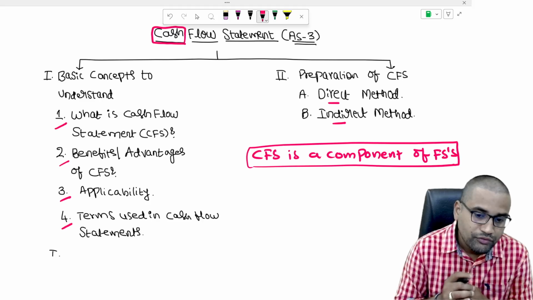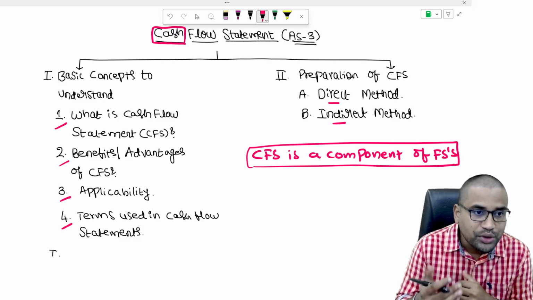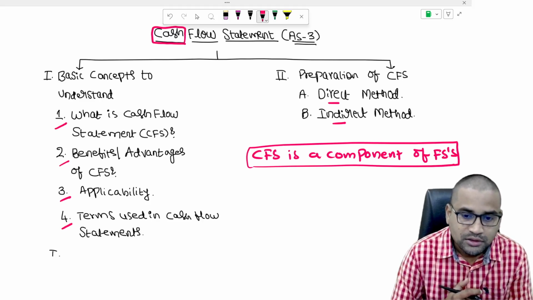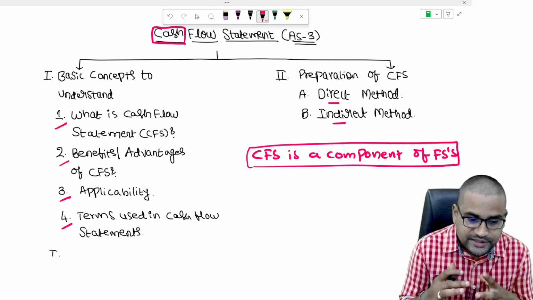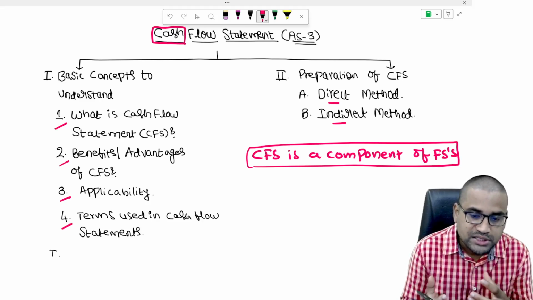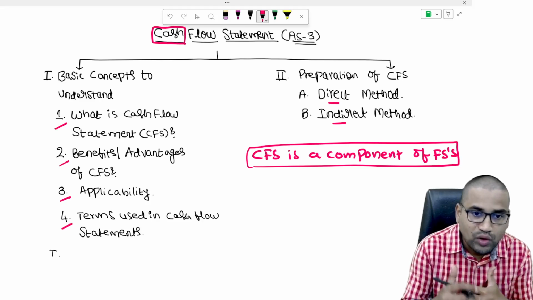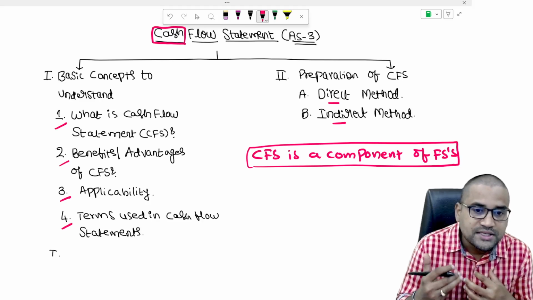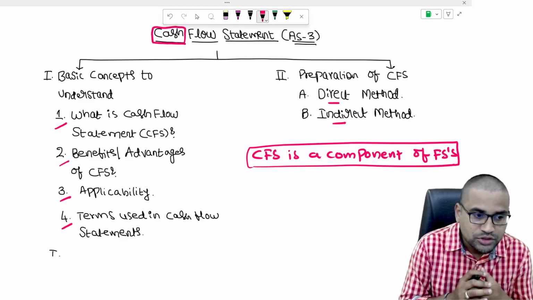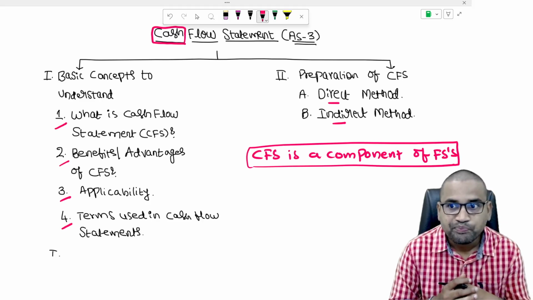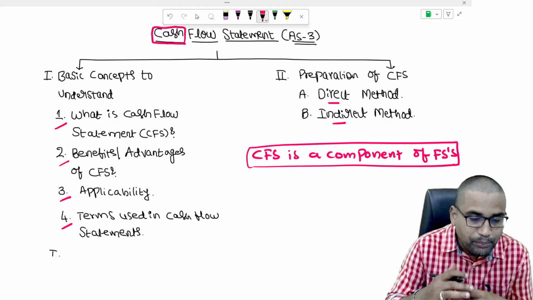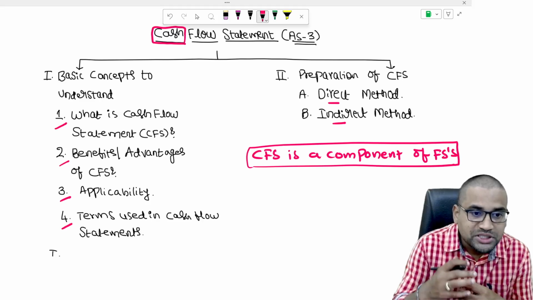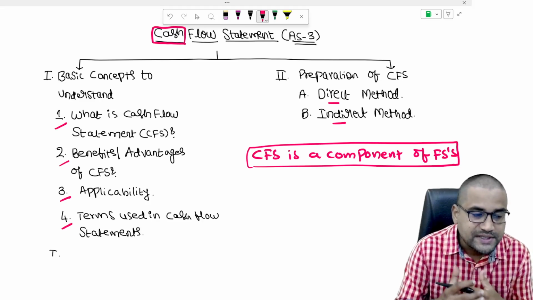Now, is it required to have a proper analysis of this cash? Because as an organization, on a daily basis we are doing so many transactions involving cash. So whether proper analysis is required or not to take some decisions. For example, in a particular financial year, how much cash we are generating, how much cash is required to meet our expenses.